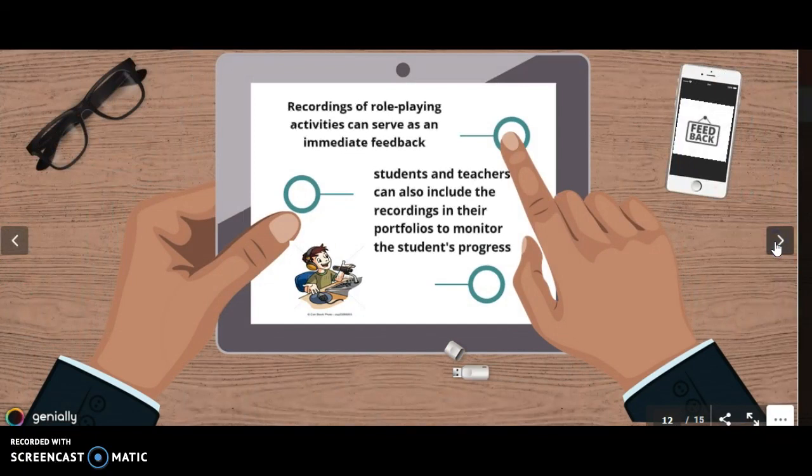Teachers can observe in the best way the learning process of the students with this methodology. Recordings of role-playing activities can serve as immediate feedback. Students and teachers can also include the recordings in their portfolios to monitor the students' progress.